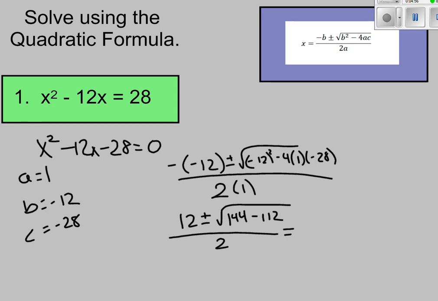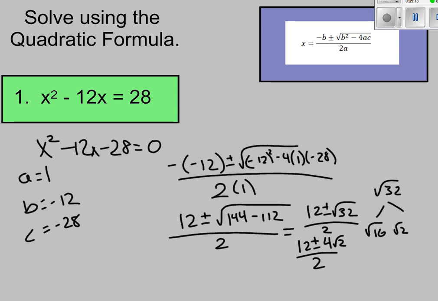It's 32, so it's going to be 12 plus or minus the square root of 32 over 2. The square root of 32 is really 16 and 2, so that's going to be 4 square root of 2 over 2. And I can divide all these by 2. So I get 6 plus or minus 2 square root of 2. There's my answer.